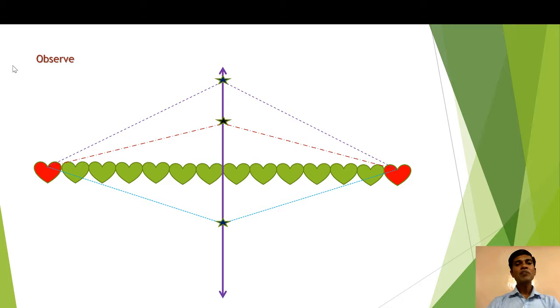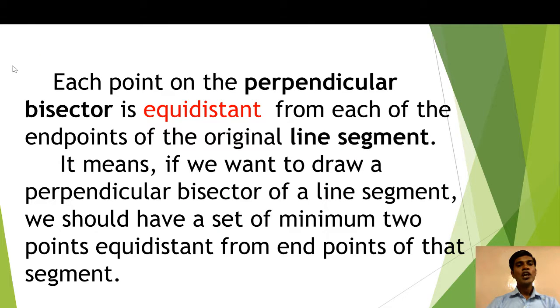Three star-shaped points are taken on this intersecting line, and we can observe the distance of each point from both the endpoints of that line segment, and we can say they are exactly at equal distance from both the ends of this heart line segment. Each point on the perpendicular bisector is equidistant from each of the endpoints of the original line segment.